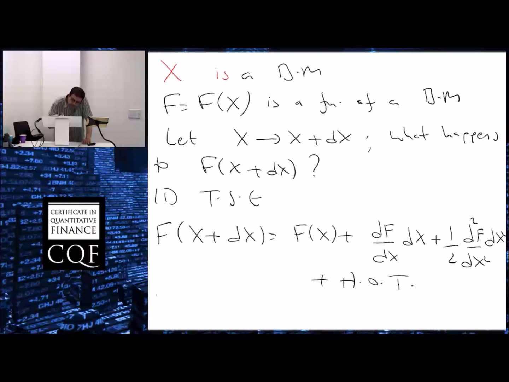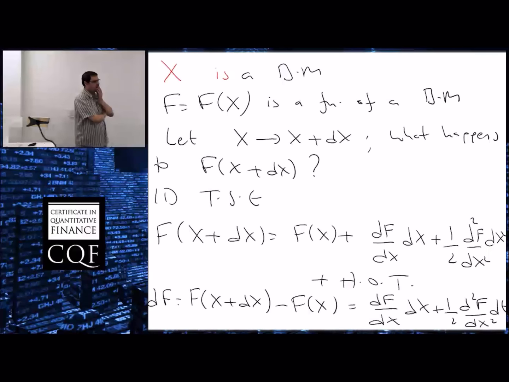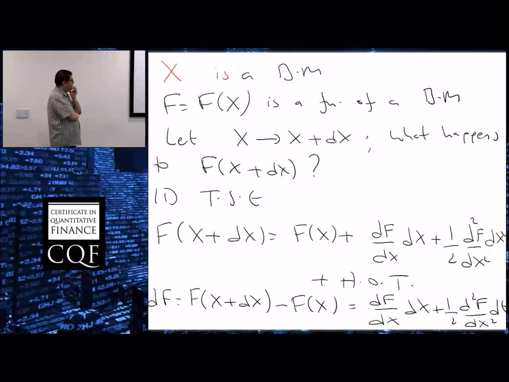So df is equal to this, f of x plus dx minus f of x is equal to df by dx dx plus a half d squared f by dx squared, and I put a dt there. And that is the most basic form of Ito.